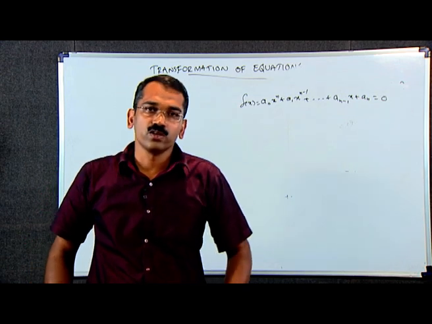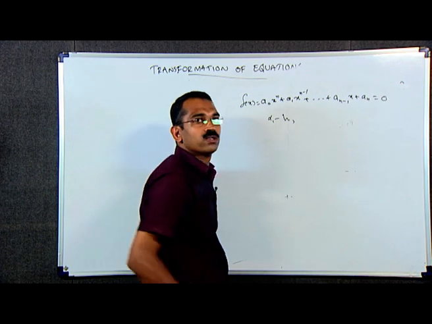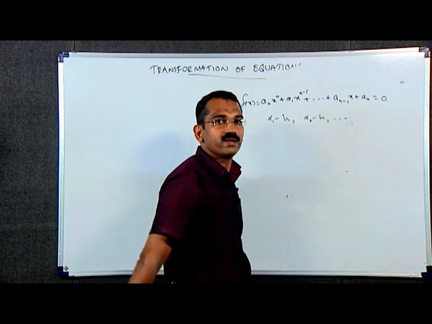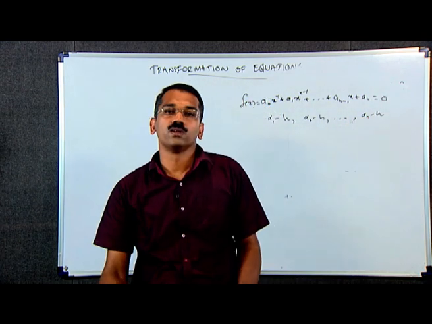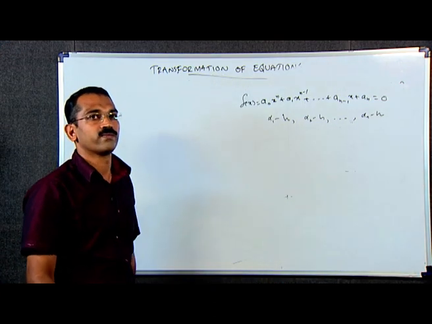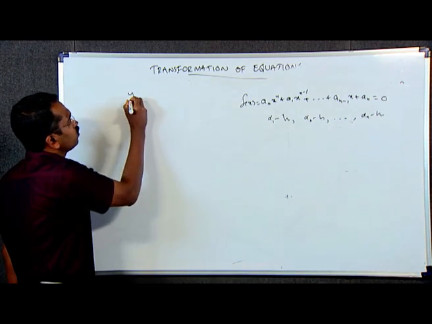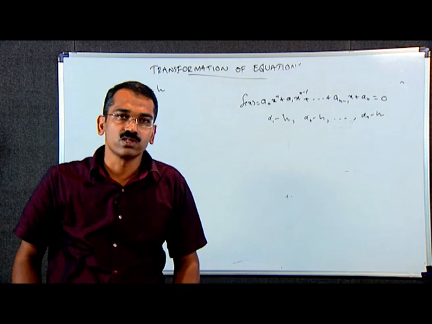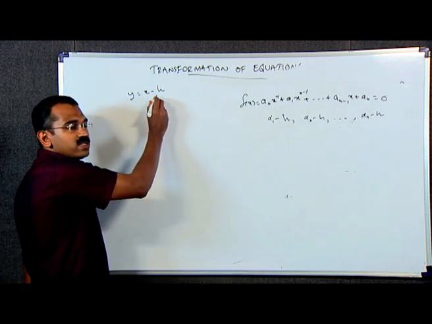Let us find the equation whose roots are alpha 1 minus h, alpha 2 minus h, etc., alpha n minus h. This transformation is referred to as diminishing the roots. The transformation relation in this case is y is equal to x minus h. Therefore, the transformed equation is f of y plus h is equal to 0.